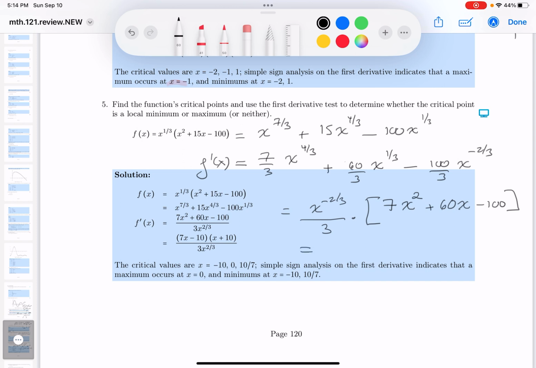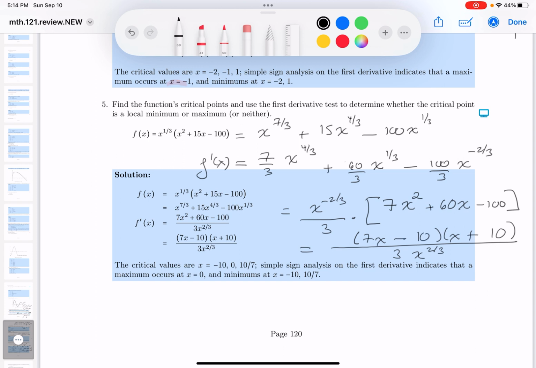I need to try to factor that guy. I see 3, x to the 2/3. And let me look at that 7. If this is going to work, it has to be 7x and x. And I'm thinking about the 100. Yeah, it looks like it's going to be 10 and 10.